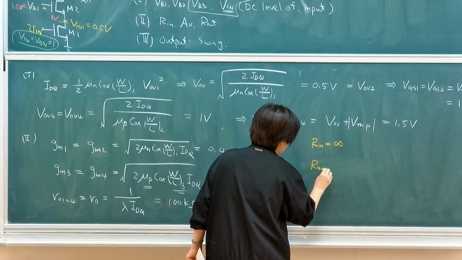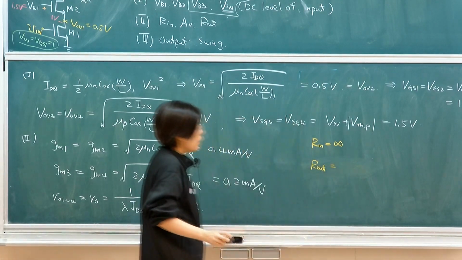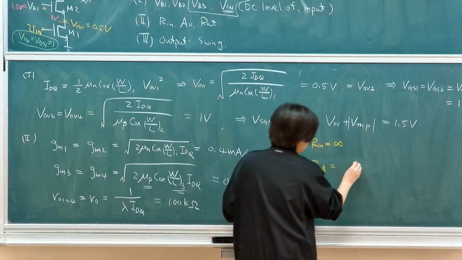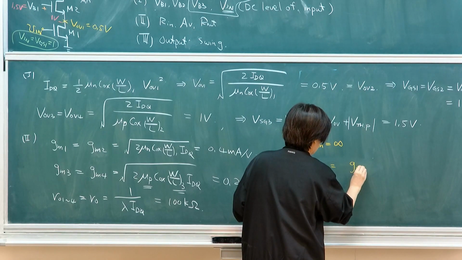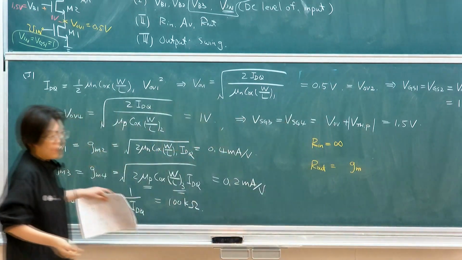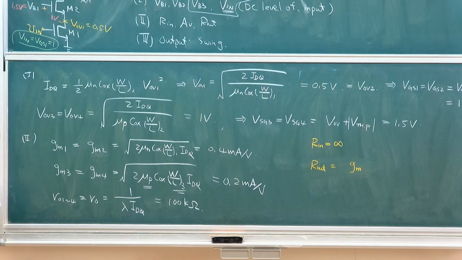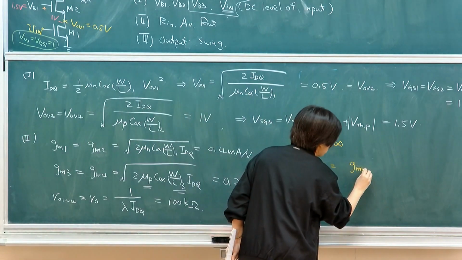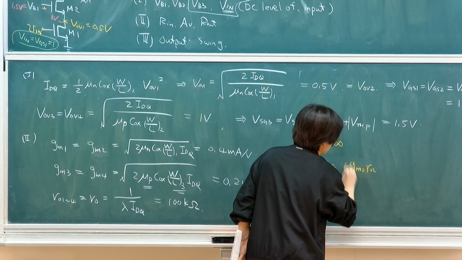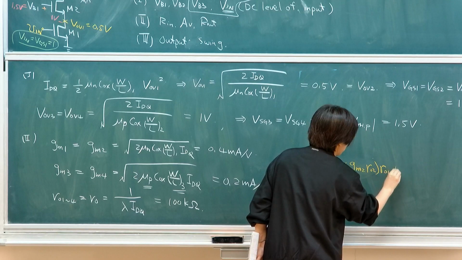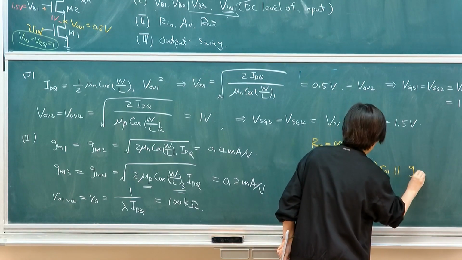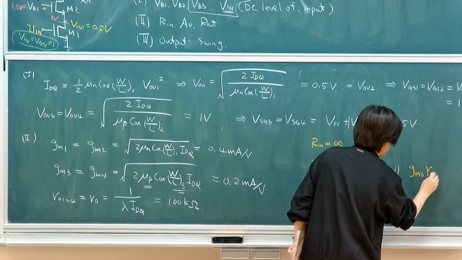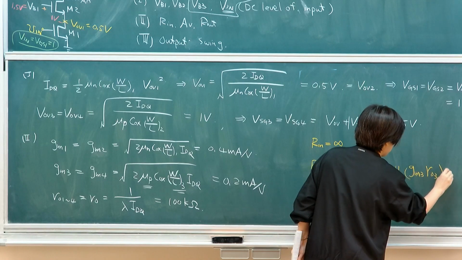So your output resistance, if I write it more precisely, is GM2 RO2 amplifying RO1, in parallel with GM3 RO3 amplifying RO4.